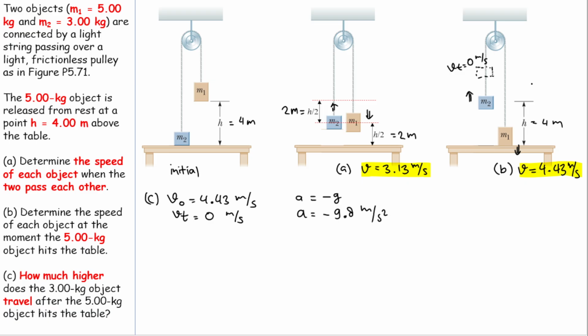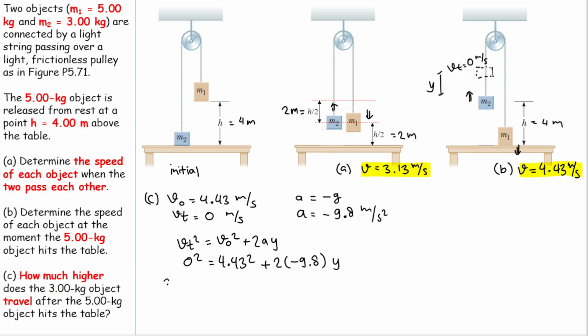And we are looking for the displacement, so I will have this y here. And we can just use the kinematic formula. Vt squared is equal to V0 squared plus 2 multiplied by a multiplied by y. So Vt squared will be 0 squared, and then we'll have 4.43 squared plus 2 multiplied by minus g, that will be minus 9.8, then multiplied by y, y is the one that we are looking for.